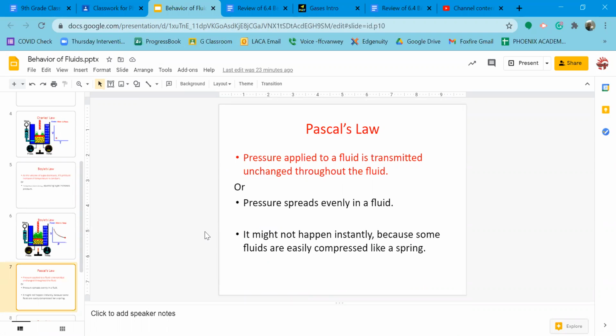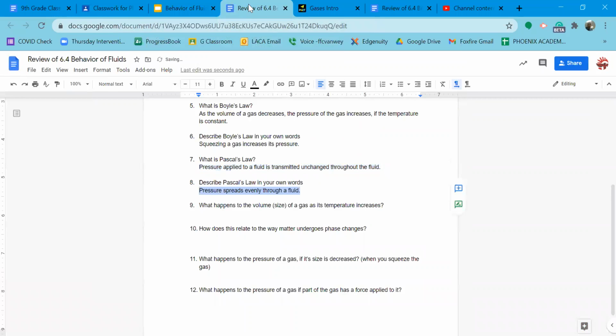It won't be instantaneous. It takes some time because the air in the room is slightly compressible. That's not the right button. Okay, so in our own words, pressure spreads evenly through a fluid.